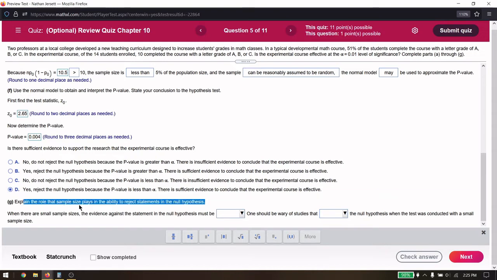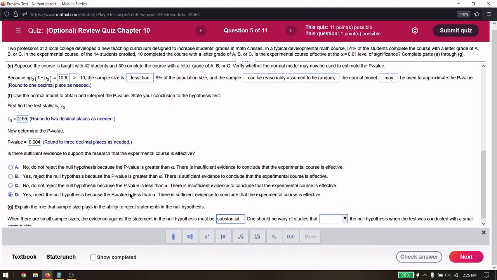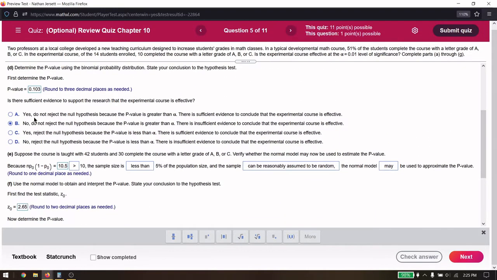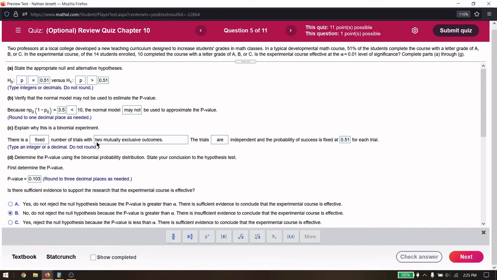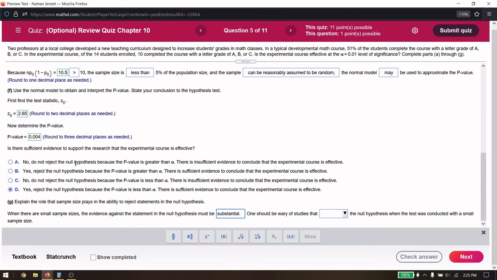Okay, so explain the role the sample size plays in the ability to reject the statements. So when there are small sample sizes, the evidence against the statement in the null hypothesis must be substantial. Up here, the evidence wasn't enough. In the first one, the evidence wasn't enough for us to reject it, even though maybe it was close to the same thing, because the sample size 14 is just so small.